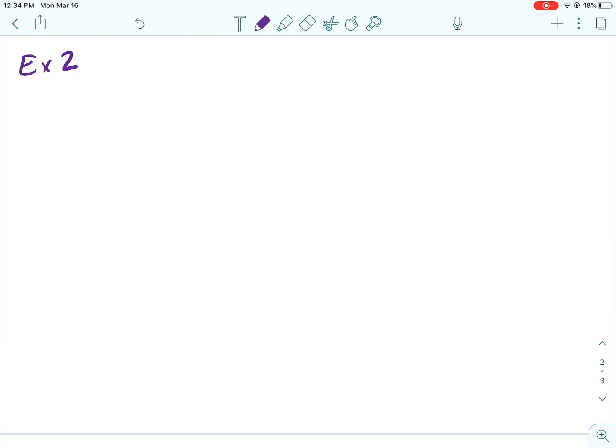Okay, now I'm just going to do one more example. We're just going to find one part on this one, because if you're given all of your side lengths, you can find all of your angles, not using a calculator. But if you're given two sides and one angle, the angle in between, you're only going to be able to find one side.